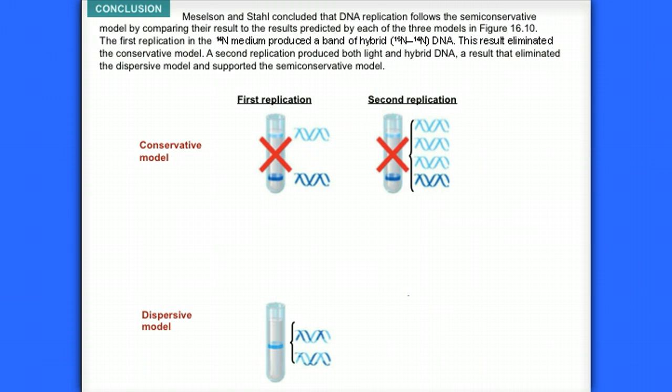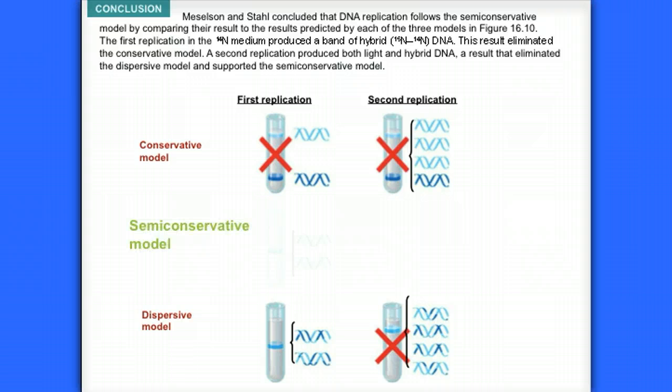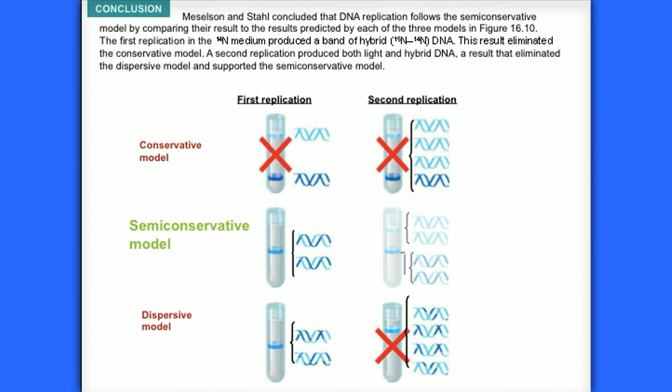Let's have a look at what happened in the dispersive phenomenon. Again, it should have shown a mixture of light and heavy nitrogen radioisotopes. Again, this was not the result they found. And ultimately what they traced was this.